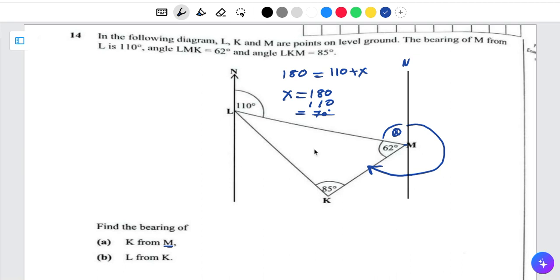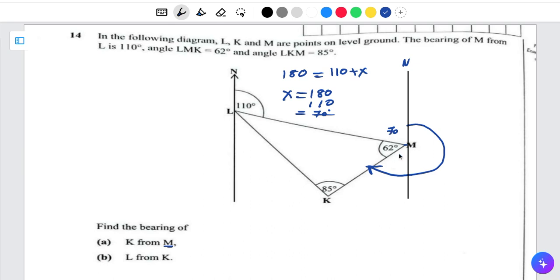So we have 70 plus 62. This one is going to give me 2, then 7 plus 6, I'm going to get 13. So it is 132. So we are subtracting 132 from 360, and that one is going to be our answer.